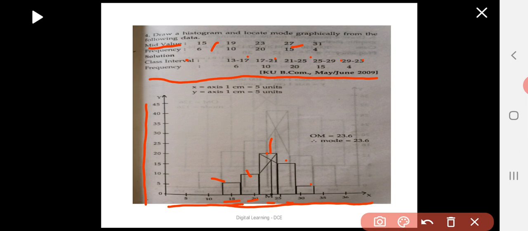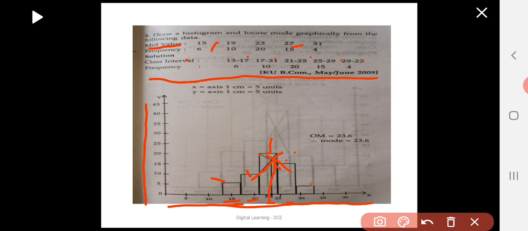From this point to the next bar, we join the first point there, then from this point to the previous bar, and we get the intersection point of these two lines.